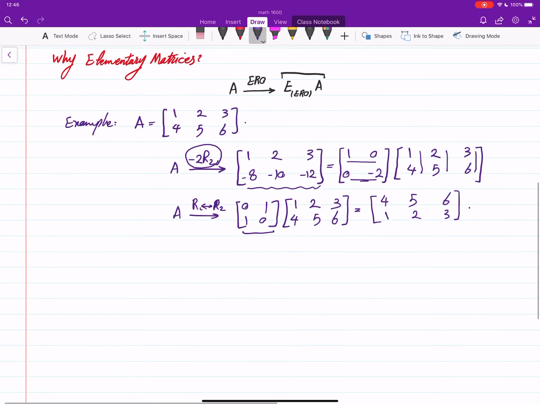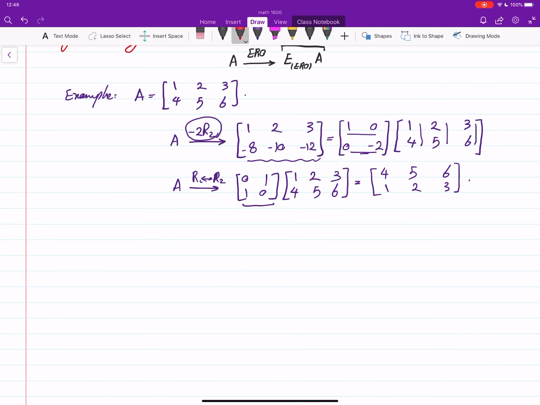So in general, this is a theorem, a fact. Let A be an m by n matrix.